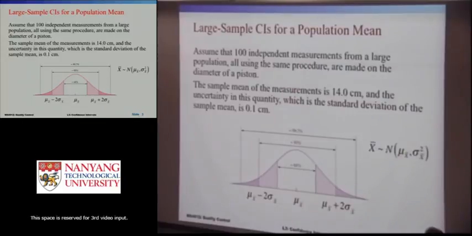The uncertainty in this quantity, which is the standard deviation of the sample mean, is 0.1 centimeter. The standard deviation of the sample and the standard deviation of the sample mean are two different things. The standard deviation of a sample is S. The standard deviation of a sample mean is sigma x bar. Do you recall this figure?